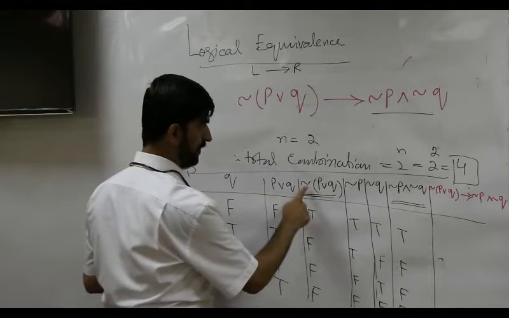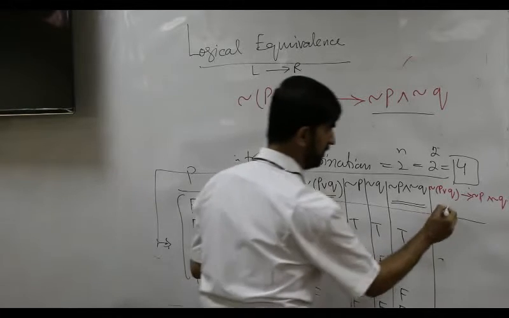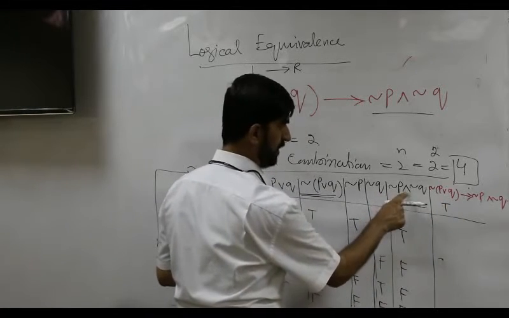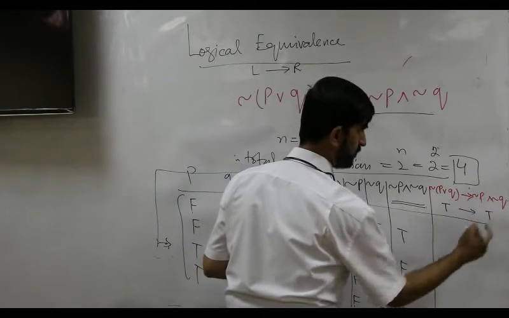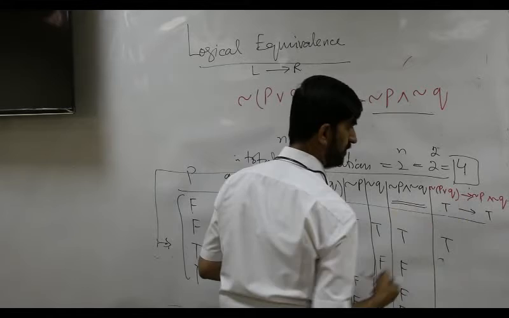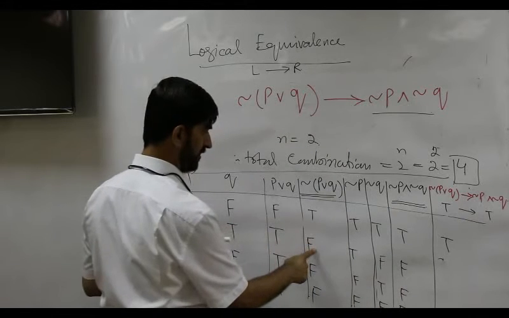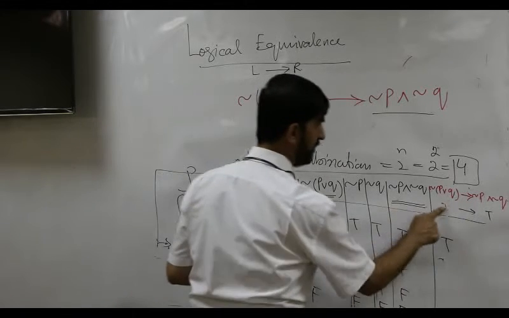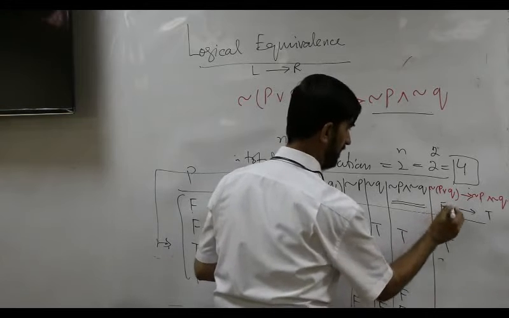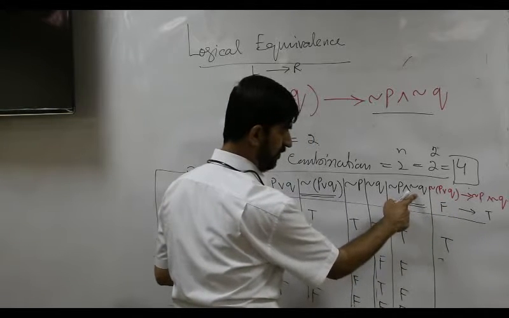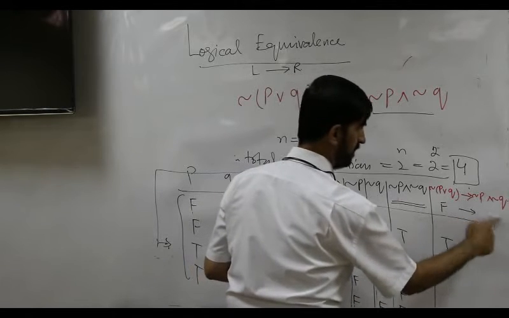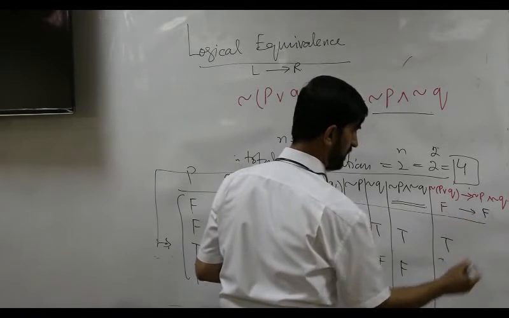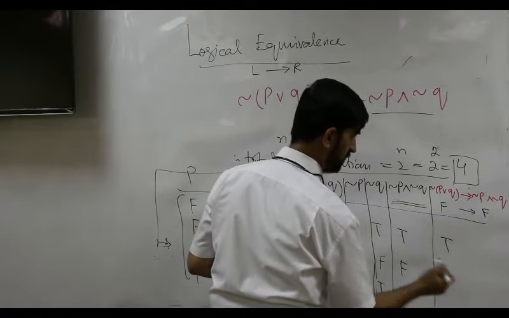First value of not (P or Q) is true, and the first value of not P and not Q is also true. So it will become true implies true, true. The next value of not (P or Q) is false, and the very next value of not P and not Q is also false. So it will become false implies false, true.